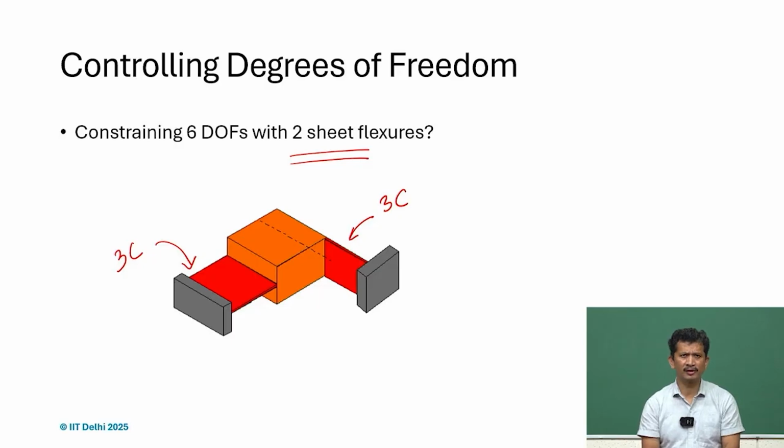Any 2 sheet flexures if we take, is it possible to constrain all 6 degrees of freedom? Yes, we can always resolve into 3 constraints here and try to find the equivalent, and we can check ourselves also whether it's possible or whether it's an over constraint design.